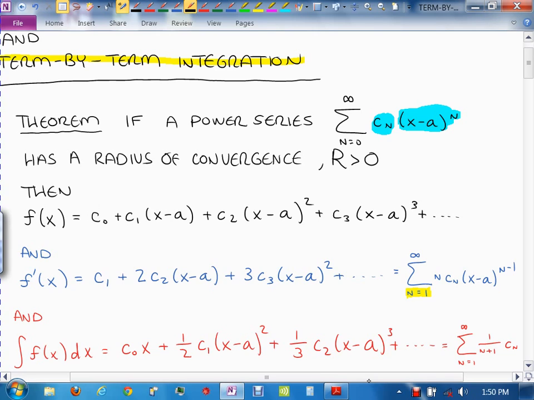And then if I subtract 1 from the power, I get n minus 1, wouldn't I? That's this formula down here, isn't it? This blue line, the last one. The n came out from up here, and then the n minus 1 power went down. But there's a huge thing in here you have to pay attention to, and I highlighted it. What is it? It starts at 1, not at 0.